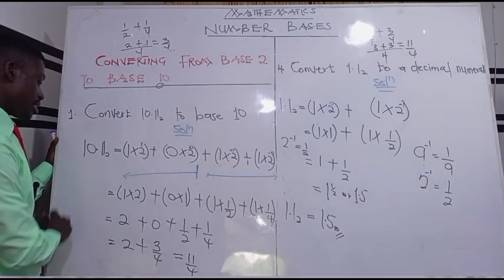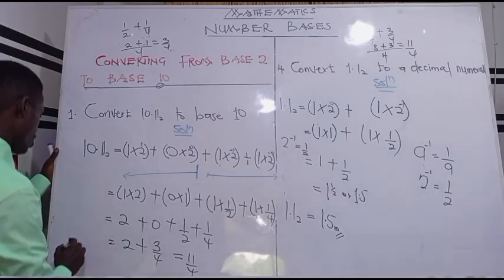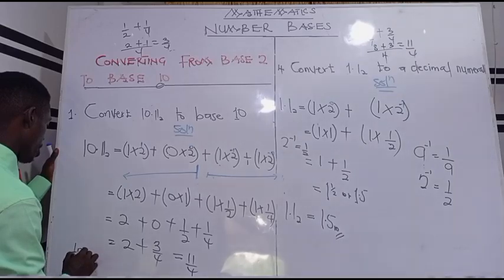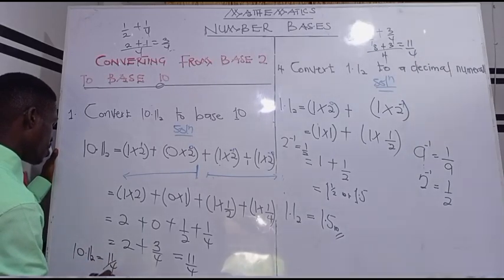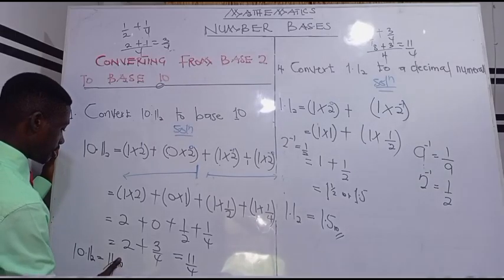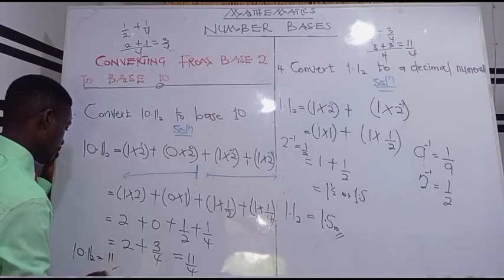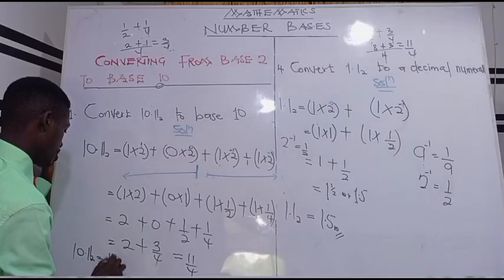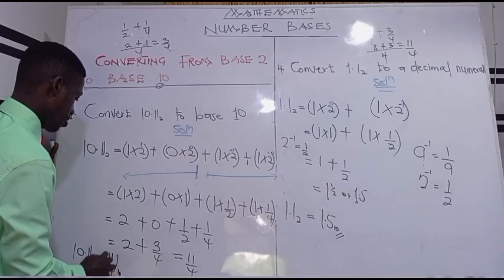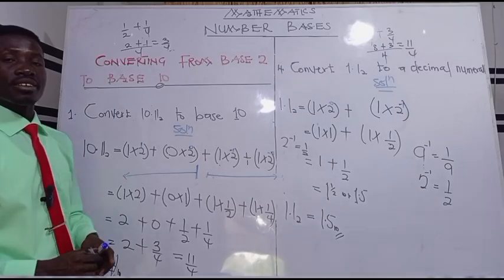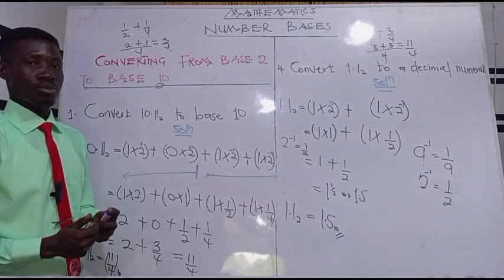So therefore, we can say that 10.11 base 2 is equal to 11 over 4 base 10. Very, very simple.